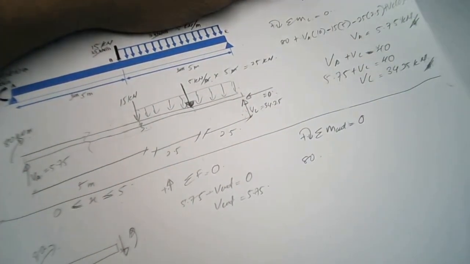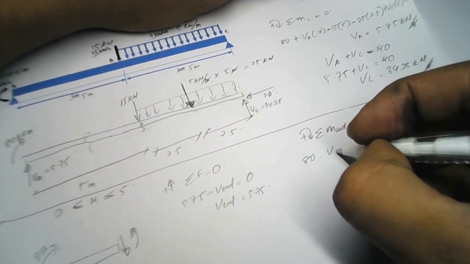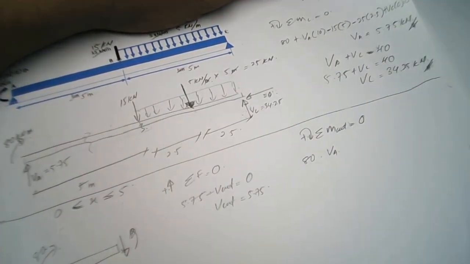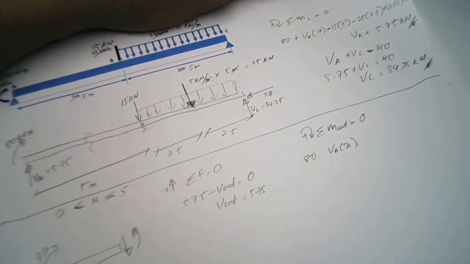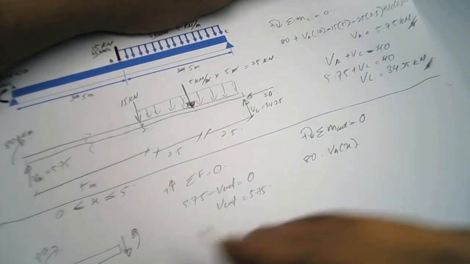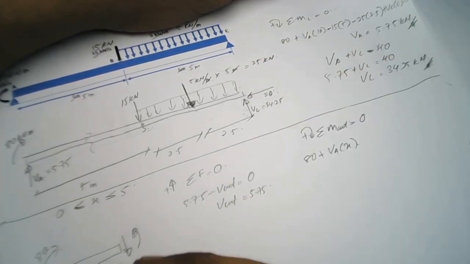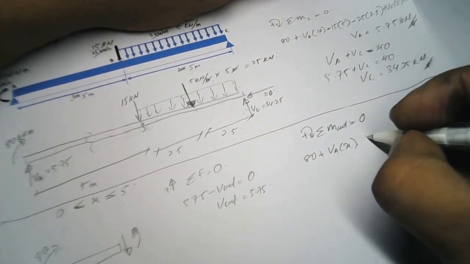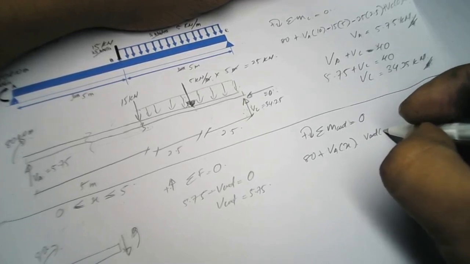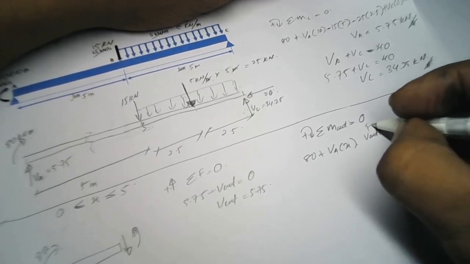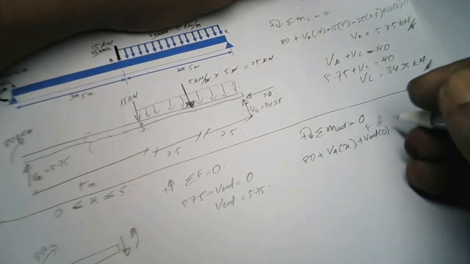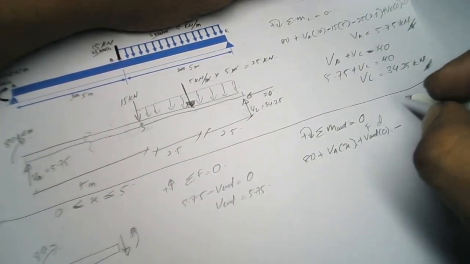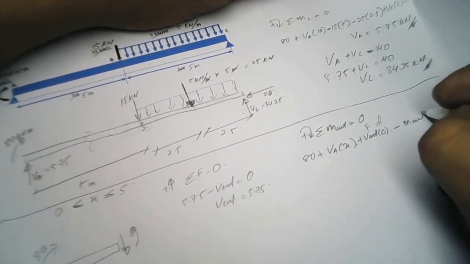This one is VA multiplied by x, and this one is positive. And we have V cut here. Our V cut has to be multiplied by the distance, which is 0. Just put plus, and then we have a negative M cut.